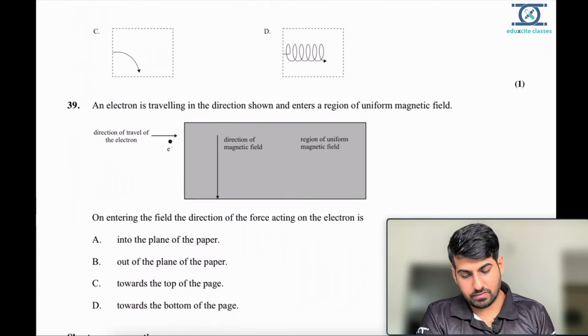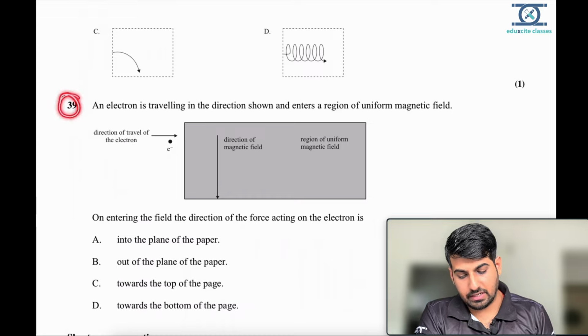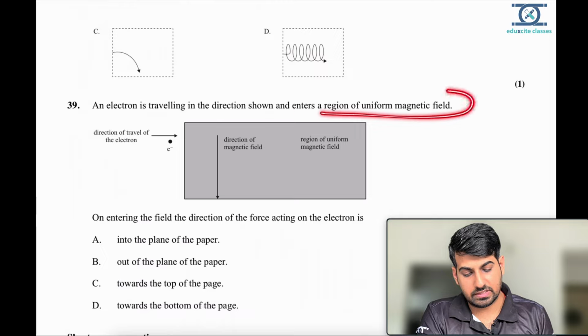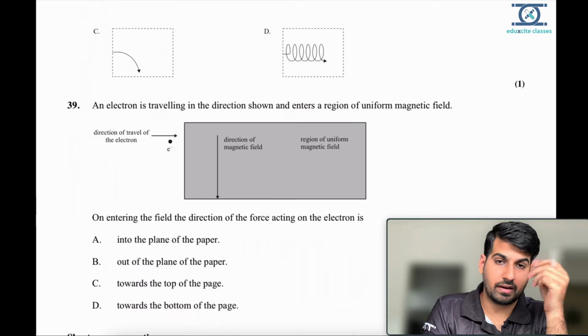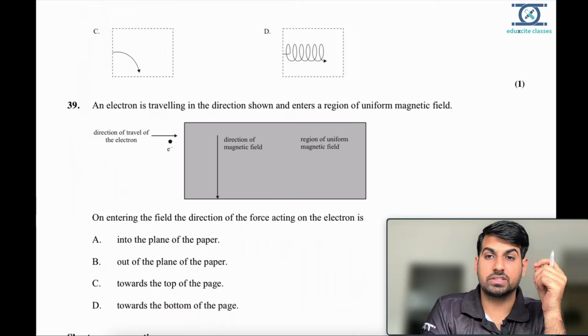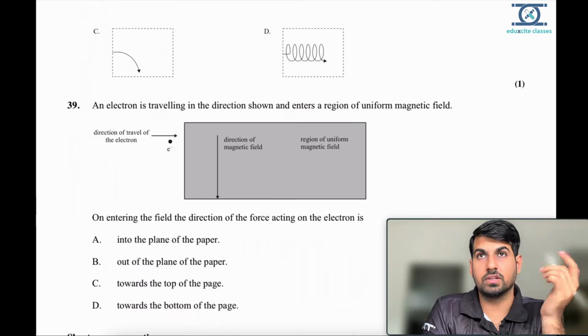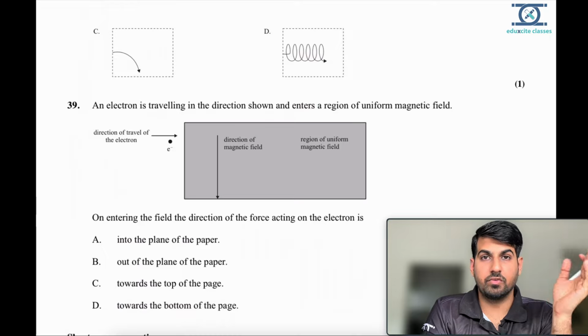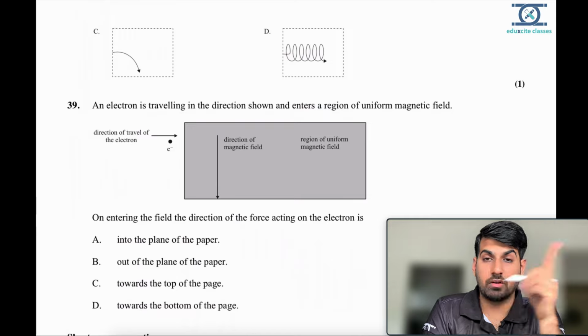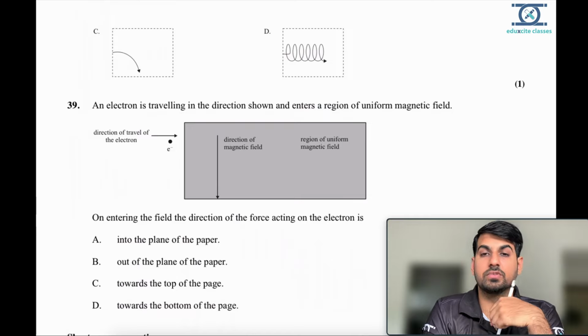So the last question of the day, question number 39. An electron is traveling in the direction shown and enters a region of uniform magnetic field. Now always remember, whenever you are using Fleming's right hand or left hand rule, the direction of the current is always the direction of positively charged particles. So if it is an electron, we'll consider the current in the opposite direction.